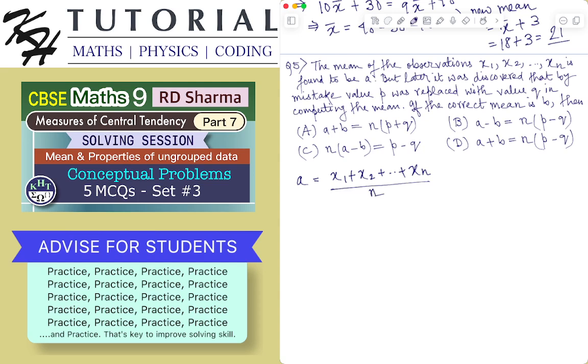So A is the incorrect mean, where the original observation P was replaced with the incorrect observation Q. So how can I find the correct mean?